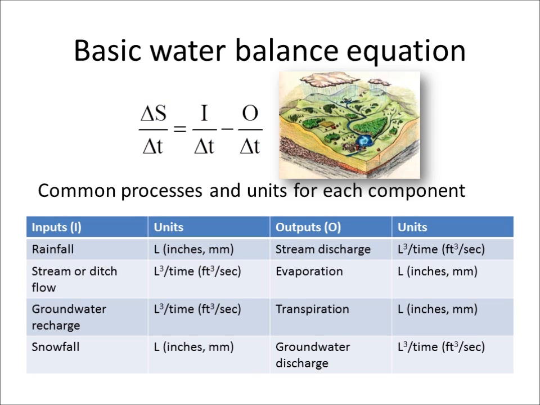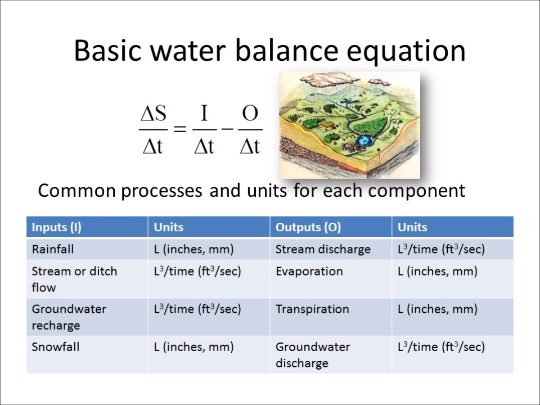So some of the common processes and units for each component, units that we use for measurements when we obtain measurements for these things. On the left-hand side of this table we see inputs, for example rainfall, and rainfall is always reported in units of length, inches or millimeters for example. Snowfall is the same way at the bottom of the table.